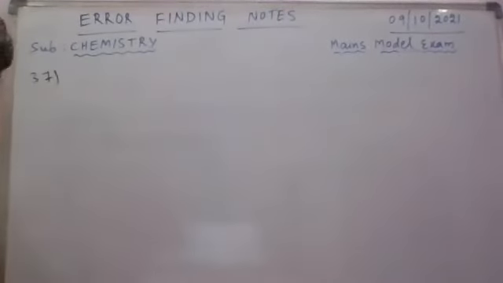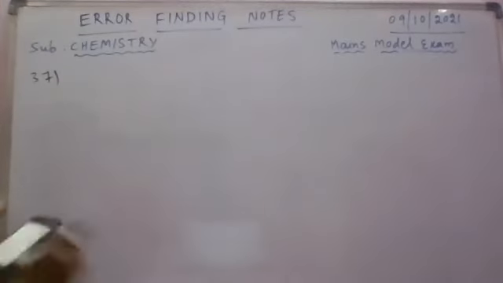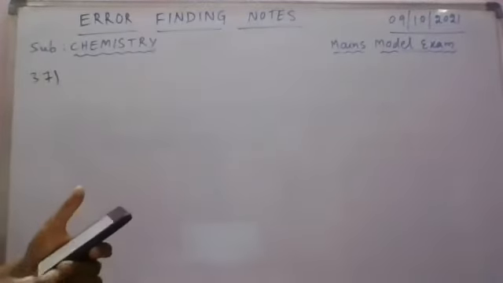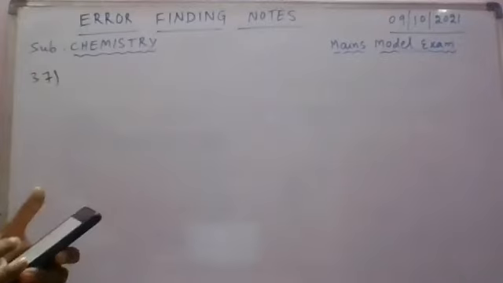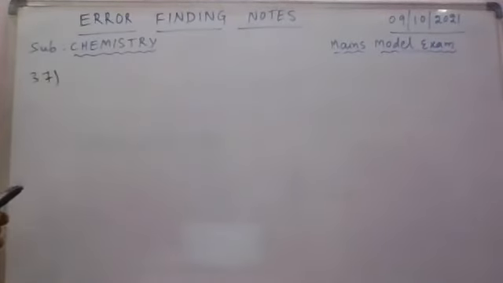Question number 37. See the question: 1.1 gram of chloride of a metal is treated in water with an excess of silver nitrate. The weight of precipitated silver chloride is given.